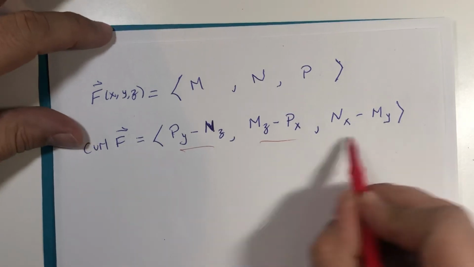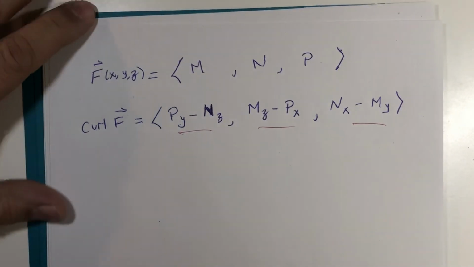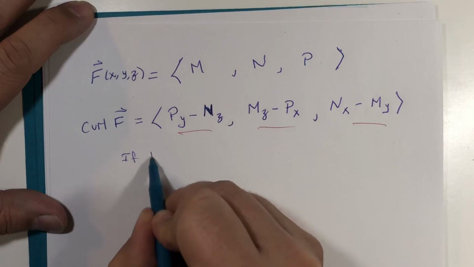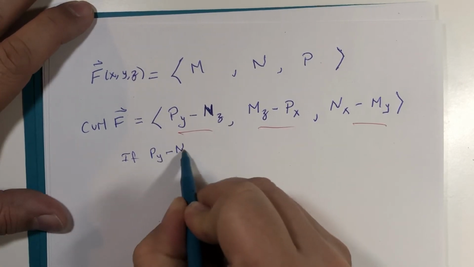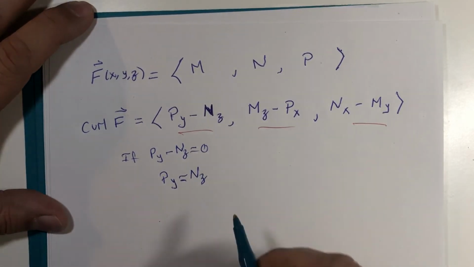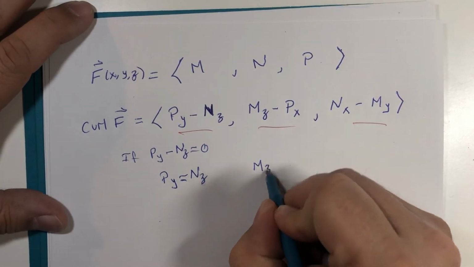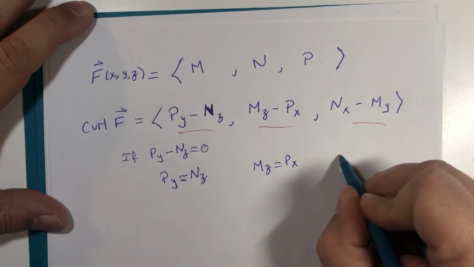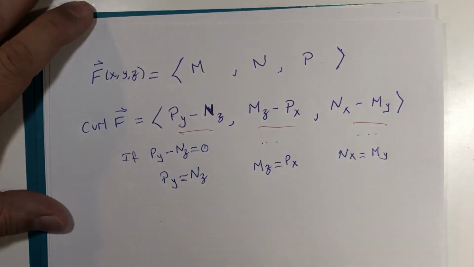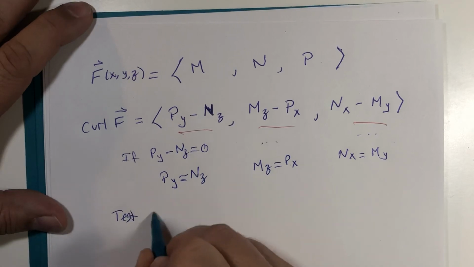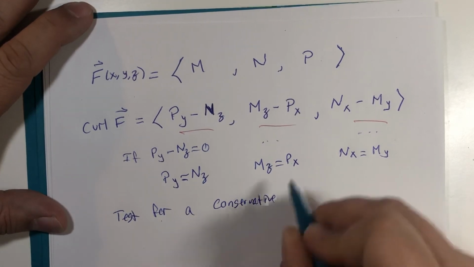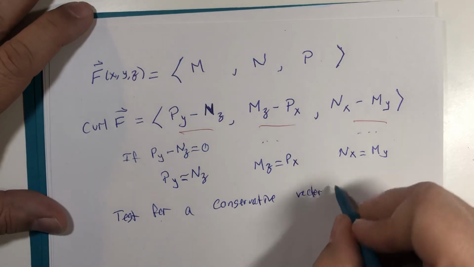If these look strangely familiar to you, but you can't quite put your mind on what that was, if I were to set this equal to 0 and rewrite it, and do the same here and the same here, this was the same as the test for a conservative vector field.